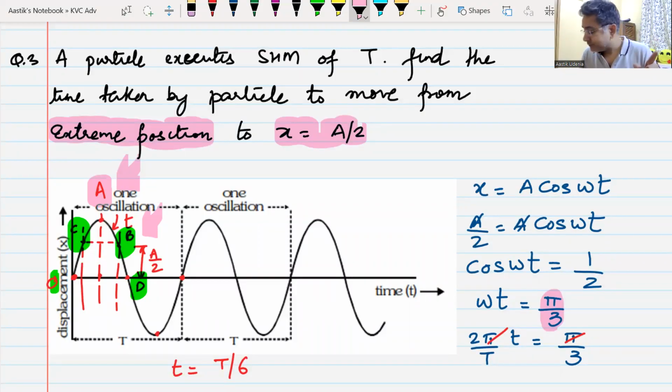Now, if I ask you to find out the time taken to go from B to D, what is your answer? Now remember, you have to understand this is a sine wave. And I have told you everything that you need to know. What is the time taken to go from B to D?